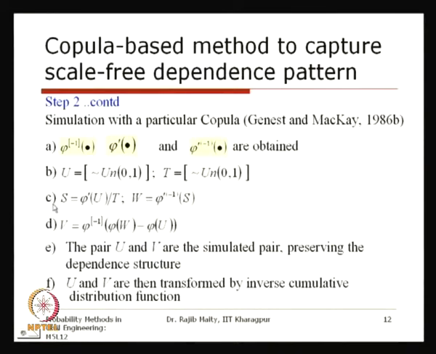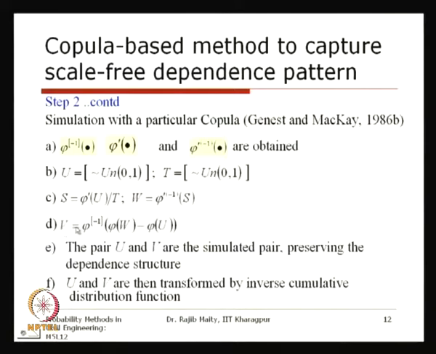Now, we will generate another series out of this u and t, which is s equals the first derivative of the generator of u divided by t. So, for each point we divide, and then from that s, if we take the inverse of the first derivative, we will get one series, that is w.